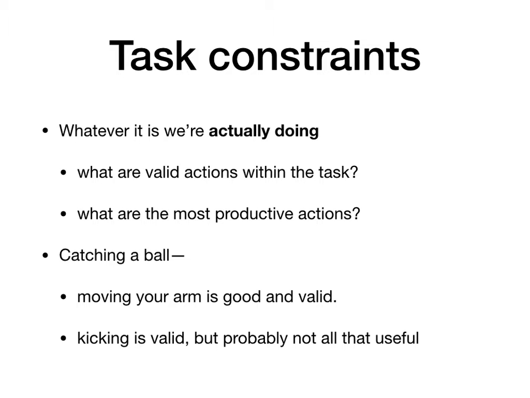Moving the arm is always valid, but it can be not useful, like if you move your arm behind your back while you're trying to catch a ball. This shows that there's a null space: there are a lot of actions you can take for a given task, but only a handful of them are meaningful for the task. So that's how the task can constrain what we're doing.